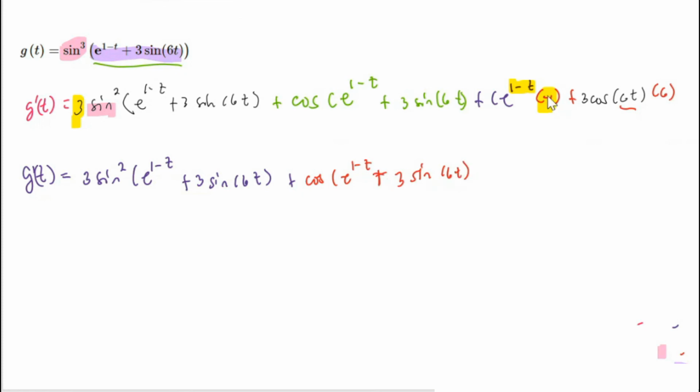No need to multiply negative 1 to the 3 here because it's quite far, so just multiply it there. Positive times negative becomes negative, so negative 3 e raised to 1 minus t, and 6 times 3 is 18, so we have 18 cosine of 6t. That would be the final answer.